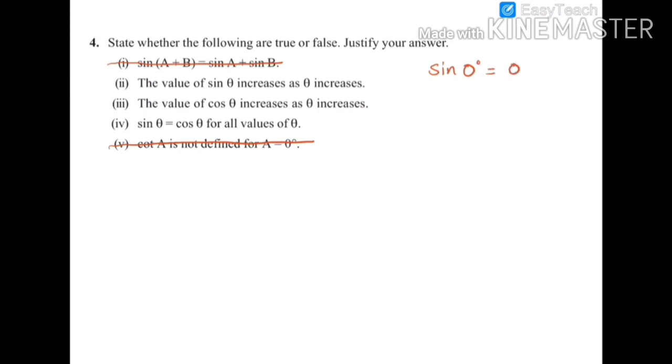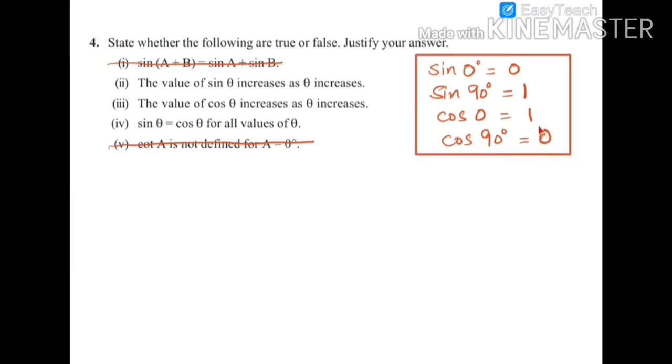Sine 90 degrees is 1. Cos 0 is 1 and cos 90 degrees is 0. I've shared this extra information just for your knowledge. It is completely up to you whether you want to learn it or not.